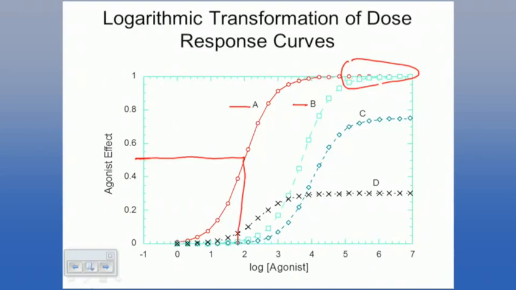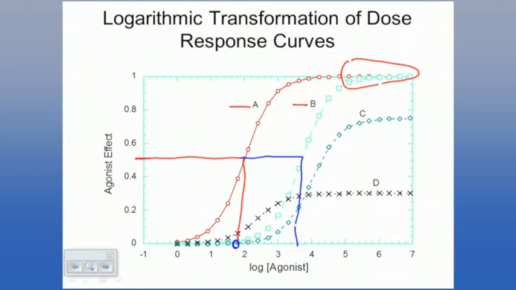So if you do it for drug A, you're going to end up with your mark being somewhere around here. This is your EC50 for drug A. Now let's do exactly the same thing for drug B. Your horizontal line is going to be the same. It's going to follow out to your dose-response curve for drug B, and you're going to drop this down to the x-axis.